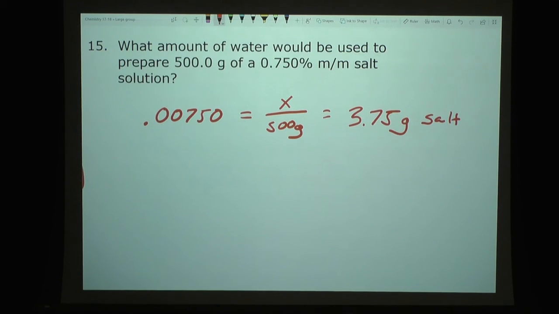Agreed? It doesn't ask for the mass of the salt, though, does it? No. It asks for what? So how do we figure out how much water we're going to put in there? We're putting 3.75 grams of salt, and the total mass is 500.